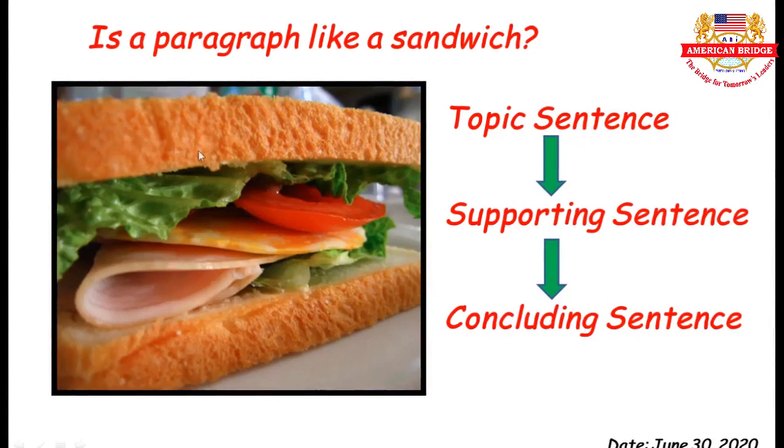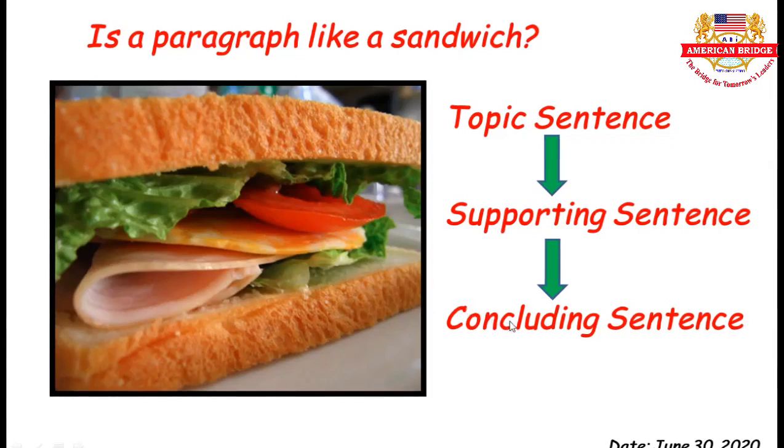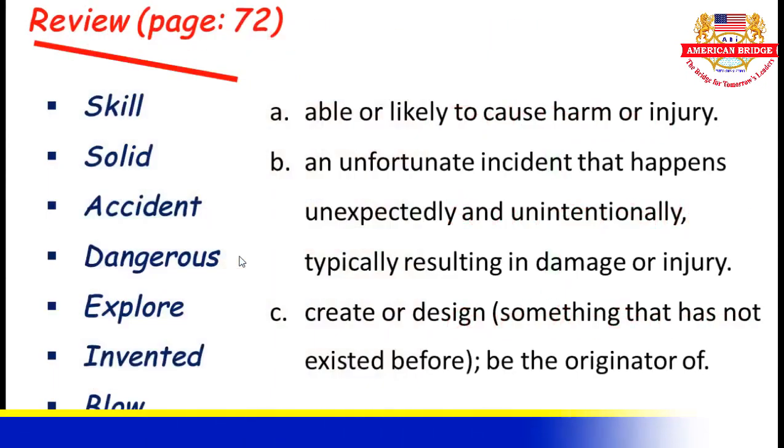The top of the bread can mean the topic sentence. After you have the topic sentence, you have to elaborate more with the supporting sentences. Supporting sentences means you give more detail about your topic sentence, okay? And after that you have to do the concluding sentence, meaning that you close it.